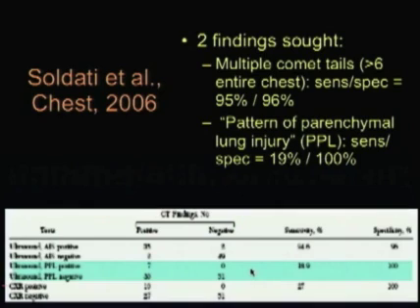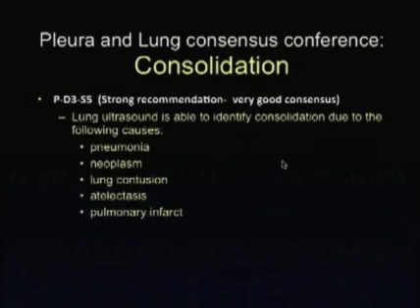Basically, the key findings were that the comet tails were highly sensitive and specific for identifying AIS, and the focal lung lesions were identified with great specificity, although 4 or 5 of them were overlooked, so the sensitivity was pretty poor. But if you see them, they are definitely there, indicating focal areas of pulmonary contusion.